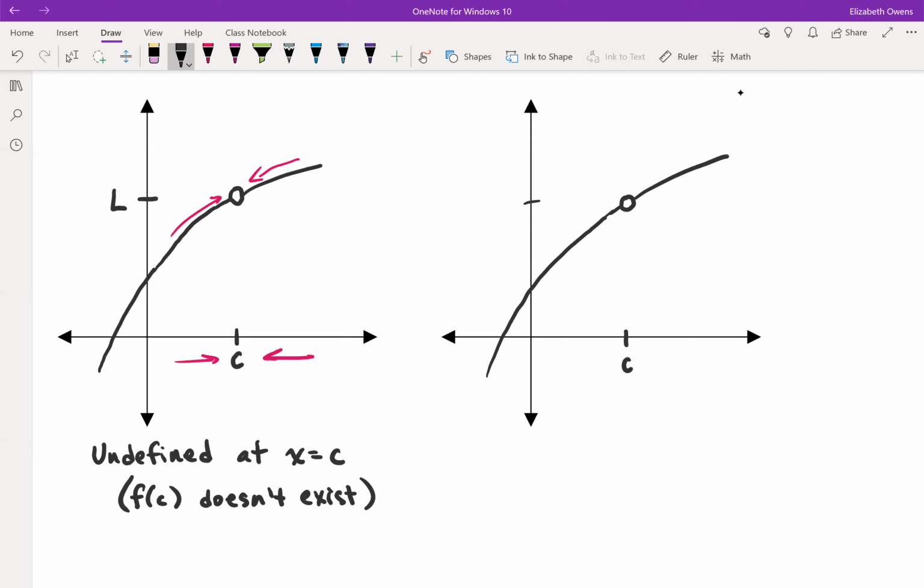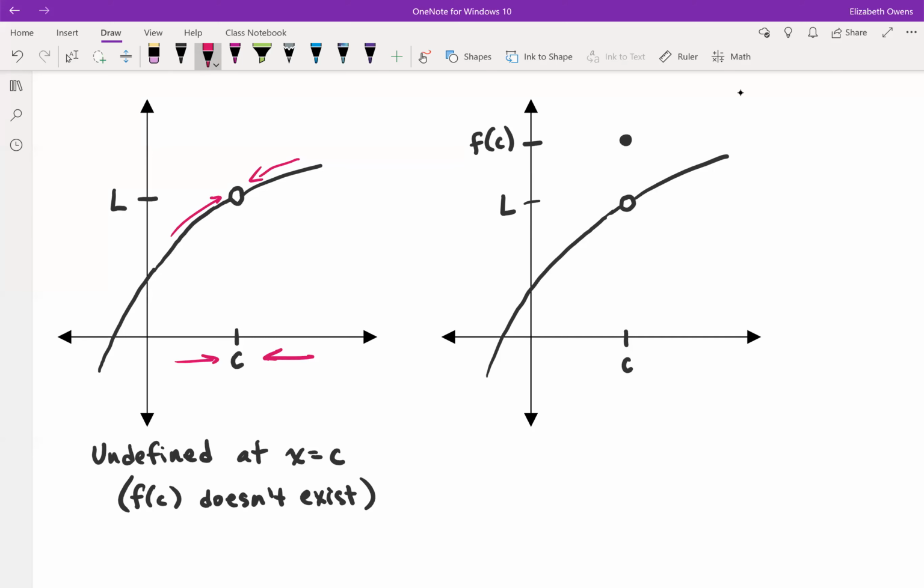But then we're going to say that there is an actual value for f of c. It's just not in that hole. Let's say f of c is defined as being some other point, like up here. All right, when you plug c in, you get this actual y value, f of c. But the limit L is still down here in the same spot that it has been, okay?